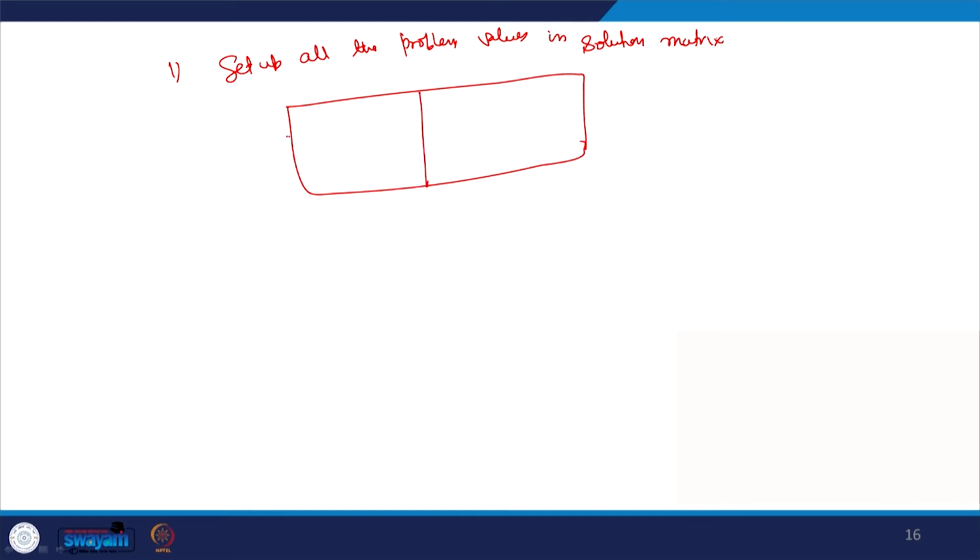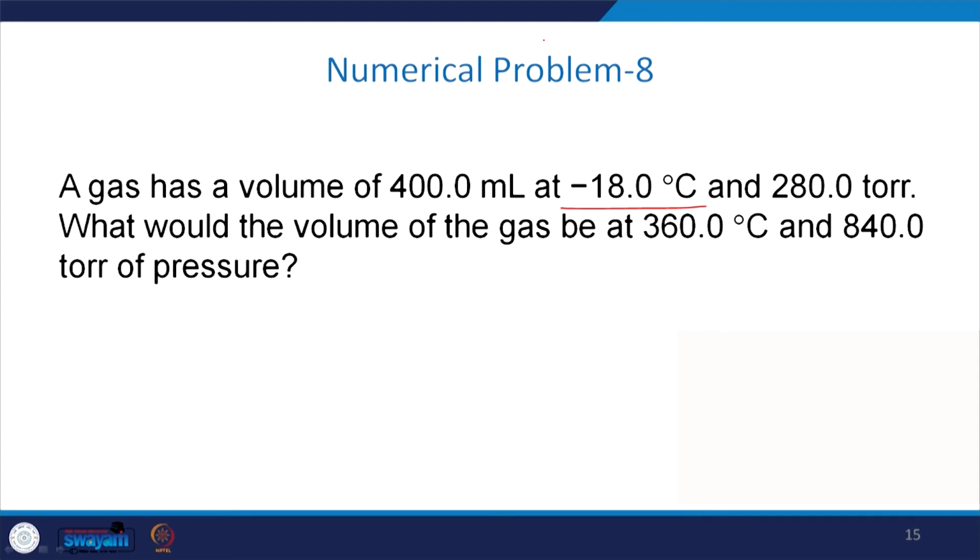Here P1 is equal to 280 torr, P2 is equal to 840 torr, that is given in the problem.